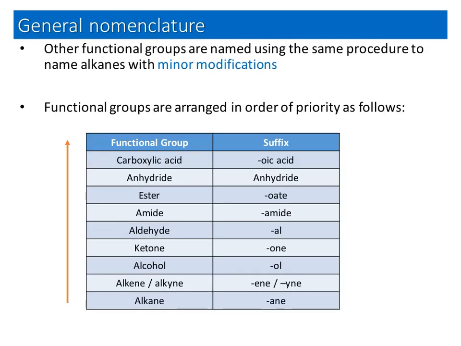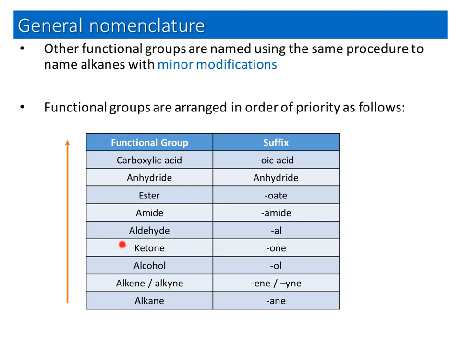Till now, we learned about the nomenclature of alkanes. Other functional groups are also named using the same procedure. We need to find the parent chain, number the parent chain, and find the substituents, but we need to do some minor modifications. The very first thing, when you have multiple functional groups present in the molecule, is to first identify them and then arrange them in order of priority.